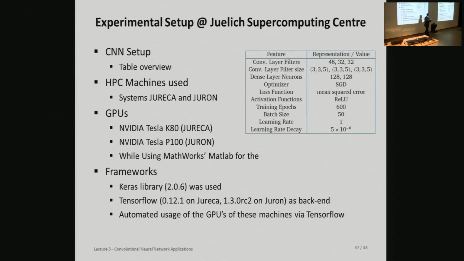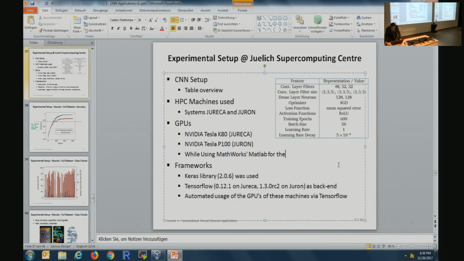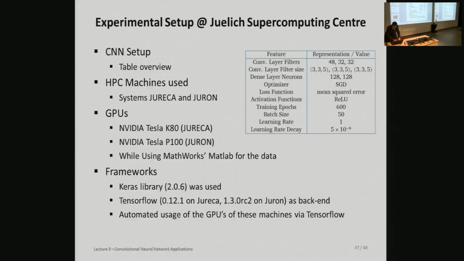Of course, here and there, MATLAB was used for the preparation of the data. So this is a data step you have seen, like cropping the image, for instance, and preparing some of the data for the small-scale example. We still use all traditional tools, which are very good at switching between different formats and so forth. So it's nice to combine parallel computing with serial tools here and there, when it's possible, especially for data preparation.